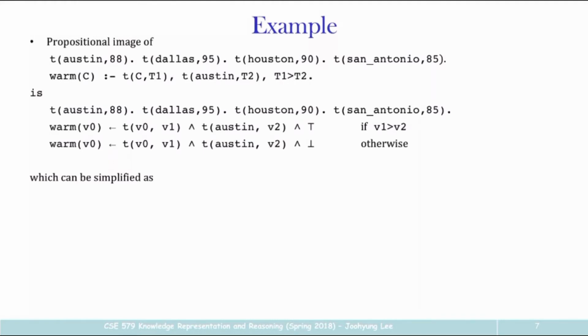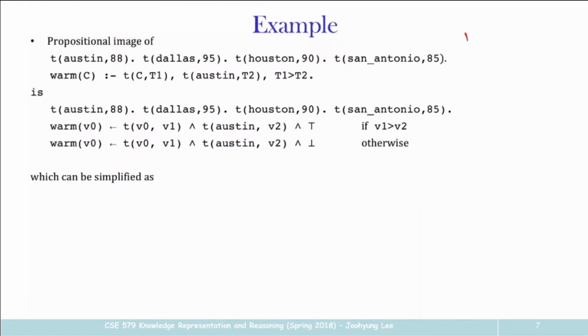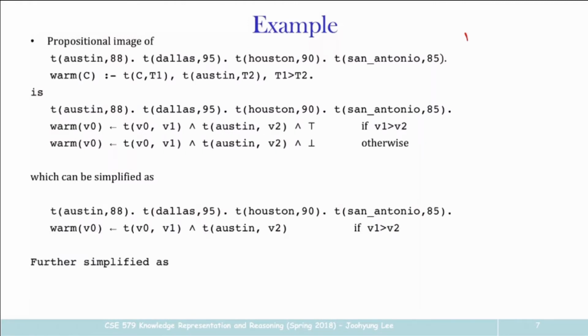This is also fine, as long as V0, V1, and V2 come from the set S union Z, where S is the set of all symbolic constants and Z is the set of all integers. So there are infinitely many possibilities here, and you will see infinitely many rules, but not all of these rules are interesting.